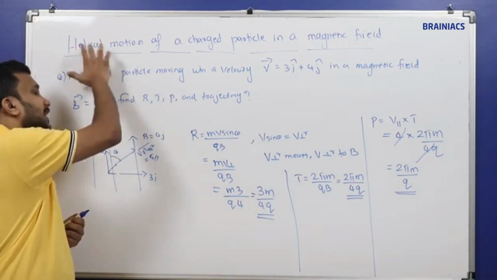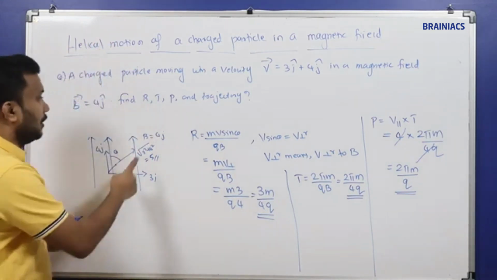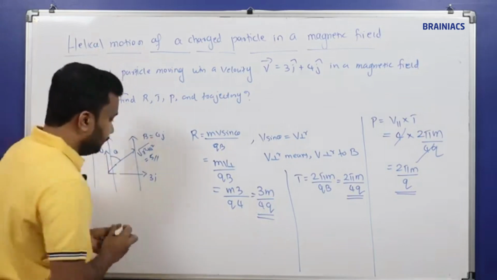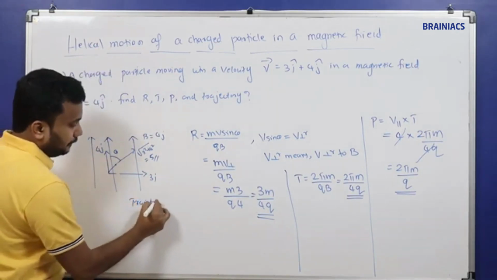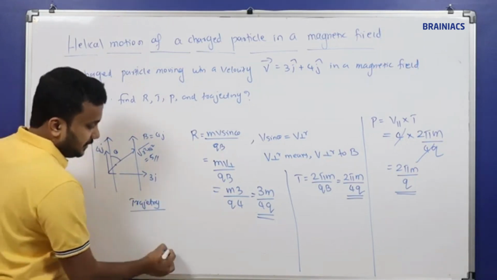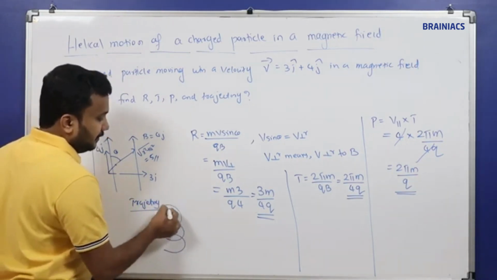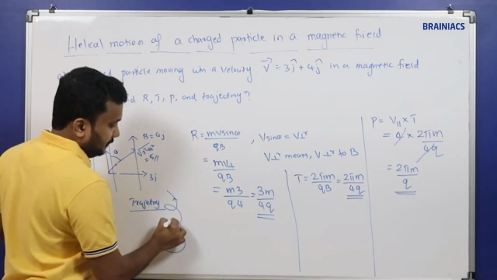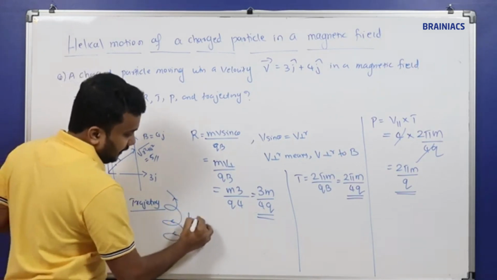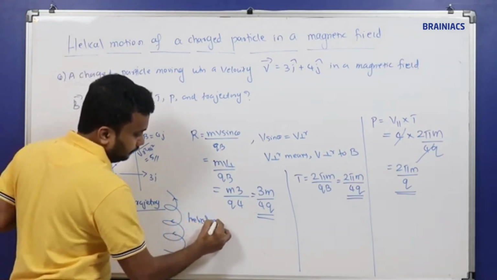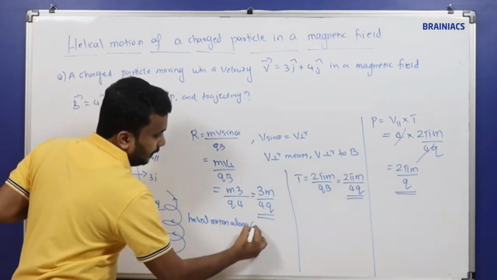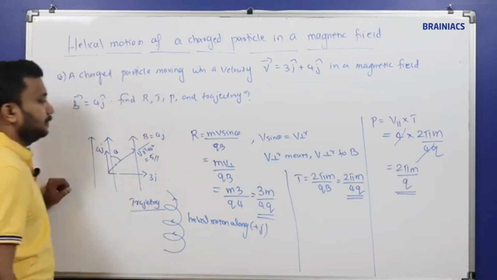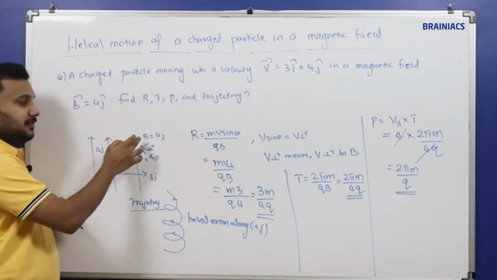It is helical motion, along the direction of B. So the final answer for the trajectory is that it is like this. You can say helical motion along the plus j direction. Plus j means along the magnetic field direction.